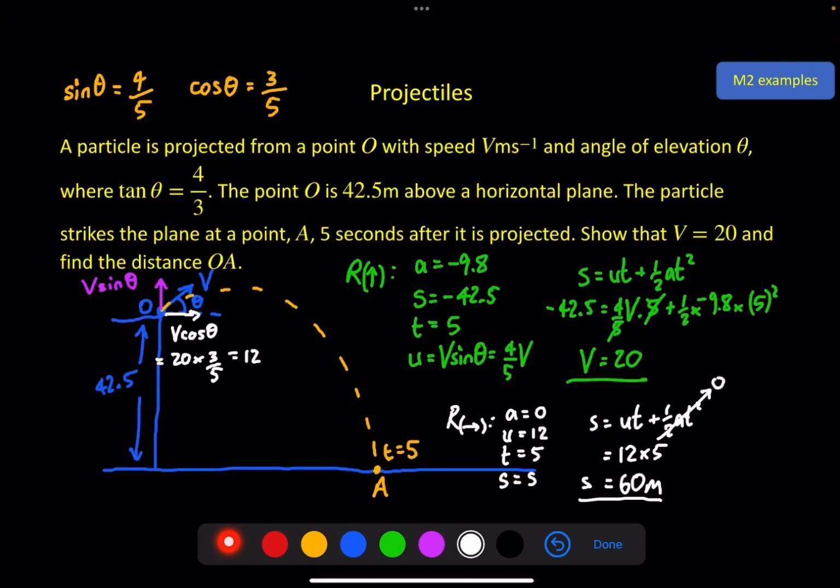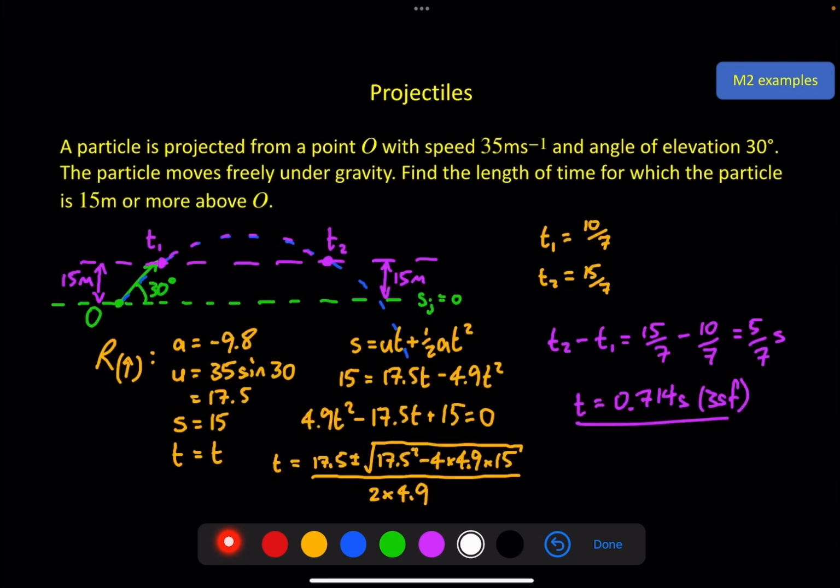See, were there any others? Those two were okay. And this is the one I've just done. So that should really be 0.71 seconds to two significant figures. All of that because of using 9.8 instead of, for example, 9.81, or something more accurate.